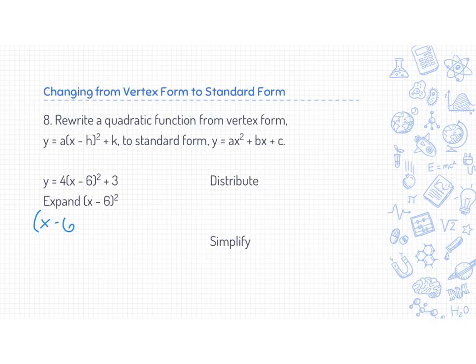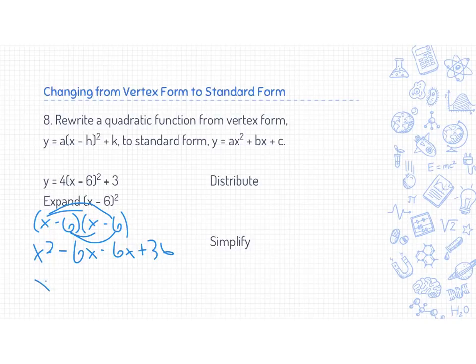Remember, that means (x minus 6) times (x minus 6). So we'll distribute, and we get x squared minus 6x minus 6x plus 36. Combine your like terms, and we get x squared minus 12x plus 36.